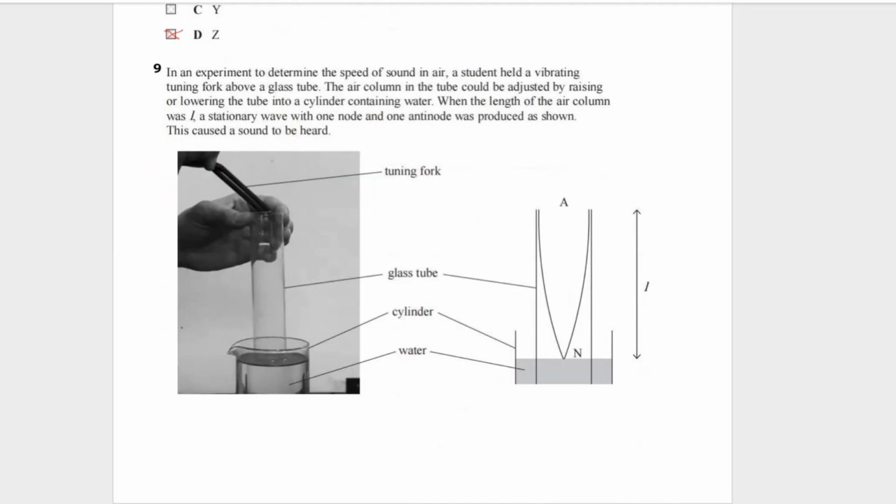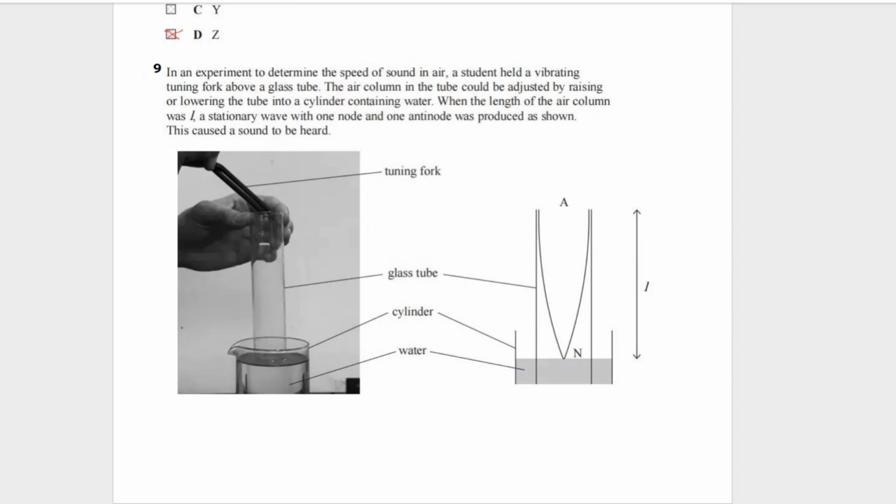Then question number 9. In an experiment to determine the speed of sound in air, a student held a vibrating tuning fork above a glass tube. The air column in the tube could be adjusted by raising or lowering the tube into a cylinder containing water.